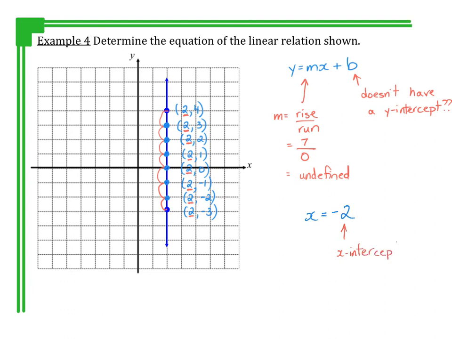We've always talked about y-intercepts, which is where a line crosses the y-axis. We can also talk about x-intercepts as being where a line crosses the x-axis, okay? And the equation of a vertical line will always be of this form. x equals the x-intercept of the line.